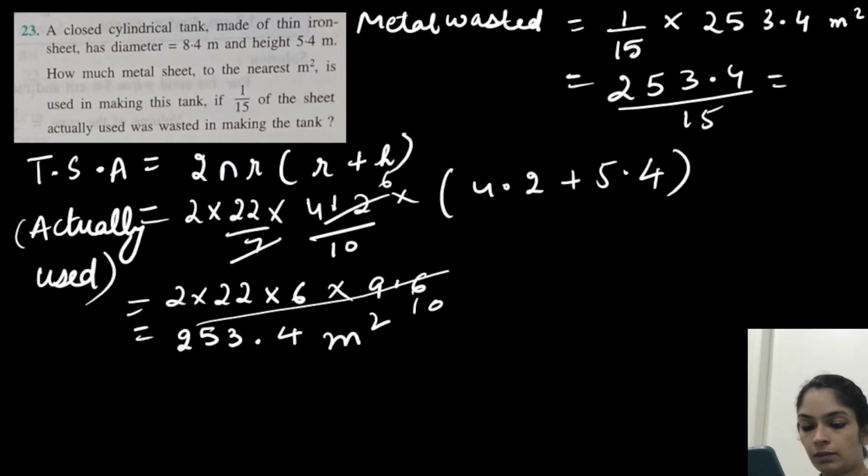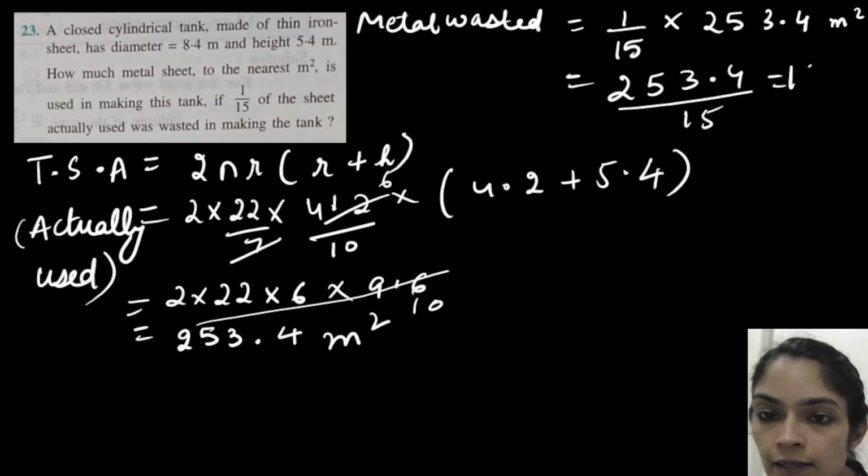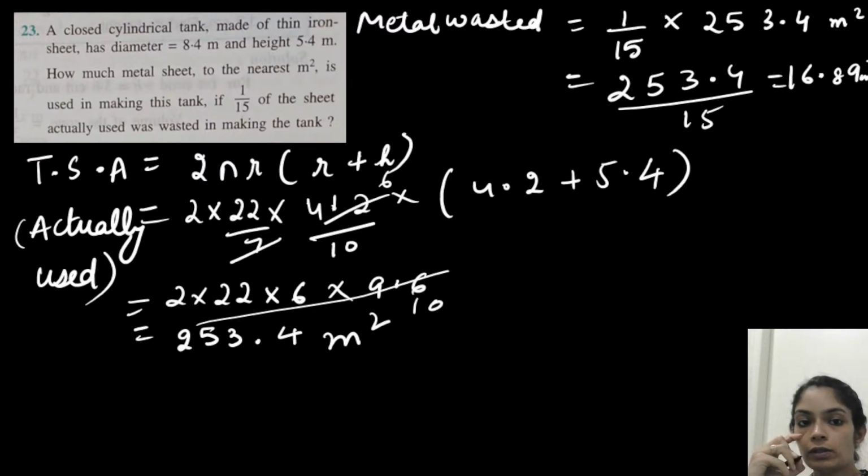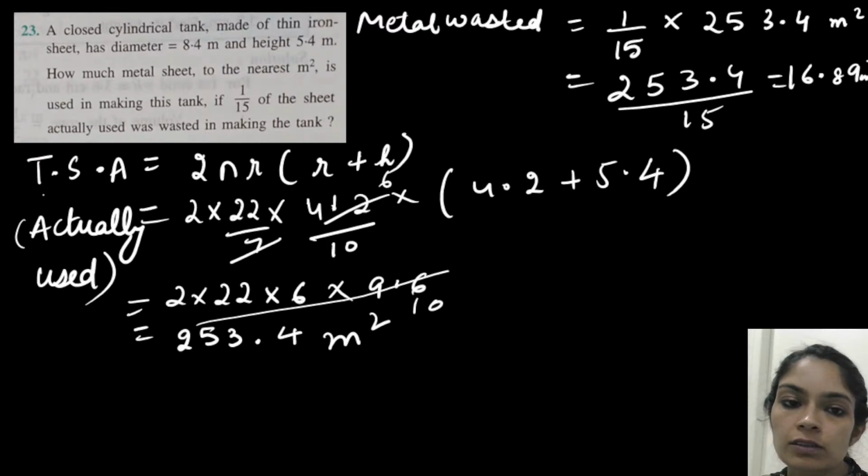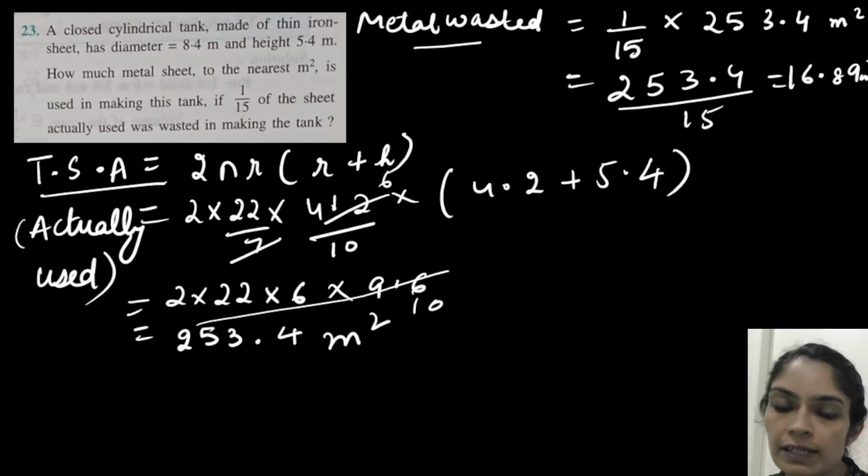Okay, so some 16. Is it 16 or 168? 16.89. 16.89 meter square. Now in these questions, whenever we are finding total metal, what we have to do, first of all it's total surface area, then metal waste you find.